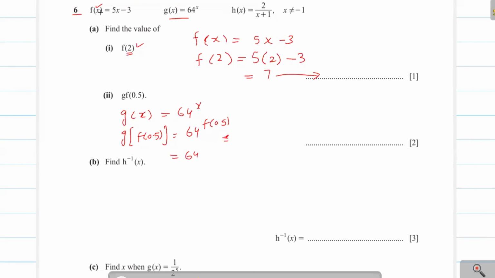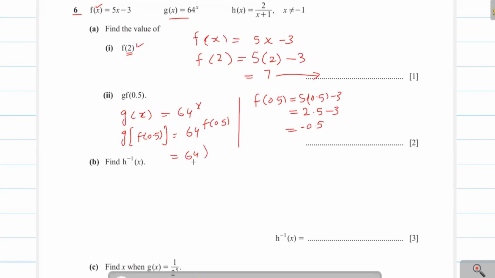You see here f of x is 5x minus 3. Therefore, we can write f of 0.5 equal to 5 into 0.5 minus 3. And this value will be equal to 2.5 minus 3, and this value will be equal to minus 0.5.